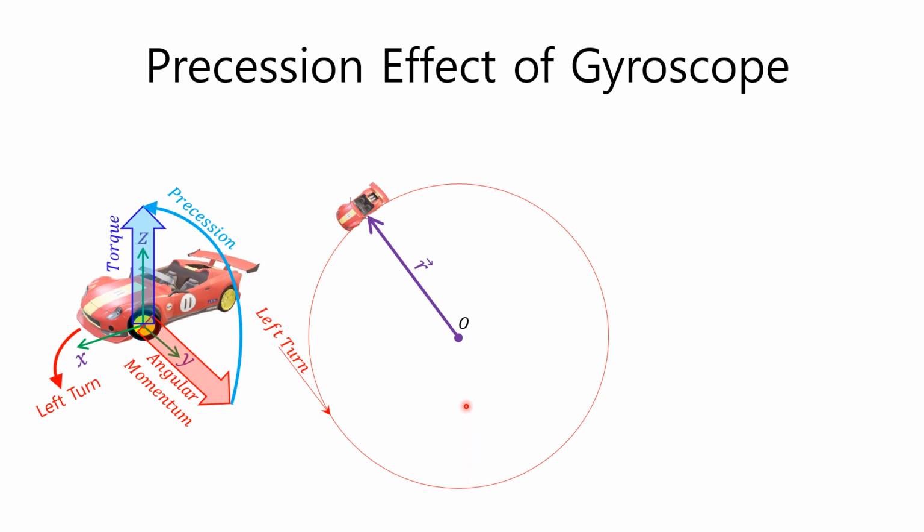If the direction of the vehicle continues to change during a left turn, the direction of angular momentum also continues to change, and in order to continue to change the direction of angular momentum, torque must be continuously and uninterruptedly supplied. This torque is supplied from the tire, and since the yaw rate occurs about the positive z-axis during a left turn, the torque axis is the positive z-axis.